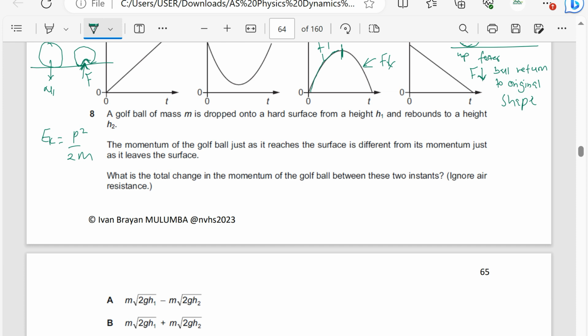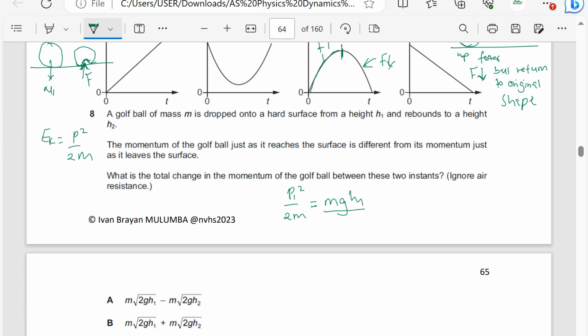When it is dropped onto the surface, the kinetic energy, which I will call P1 squared over 2m, should be equal to the loss in potential energy, mgh1, since it is dropped from a height h1.